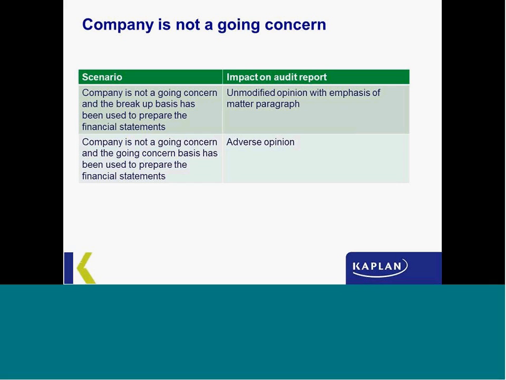So it's important to stress, in situation 1, the company is not a going concern and they have done the right thing about it. So we provide an unmodified opinion. We do want to draw it to the shareholders' attention. We can't modify the opinion because there isn't a misstatement. The accounts should be on a breakup basis, and they are. But we do use the emphasis of matter paragraph to draw attention for the users of the financial statements.